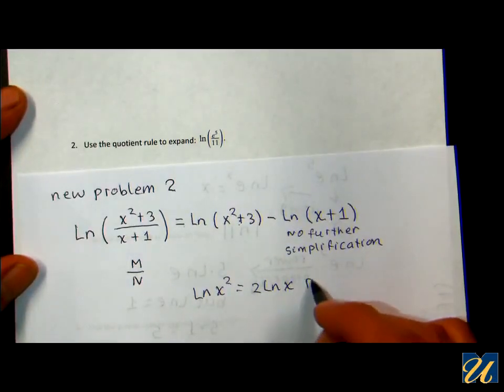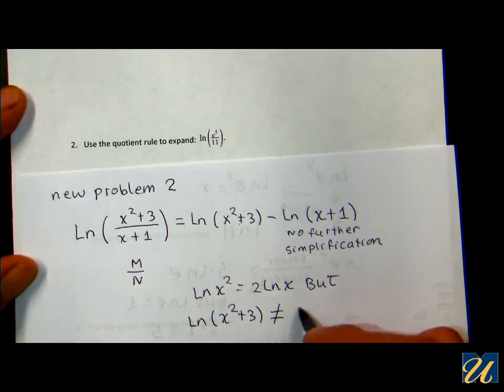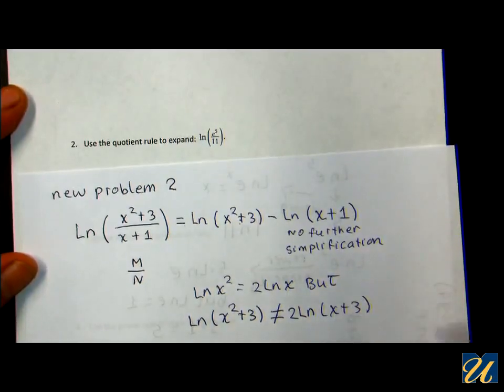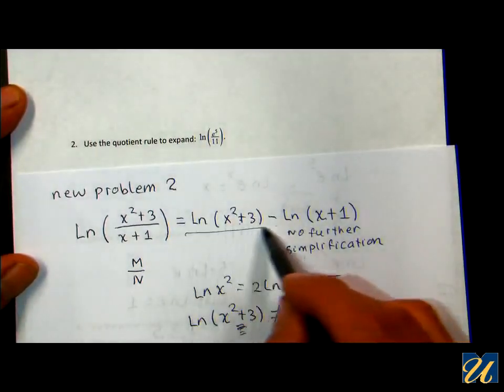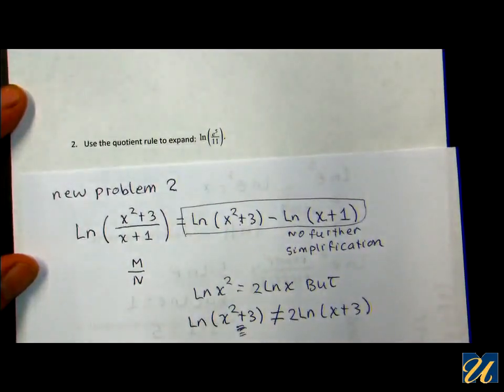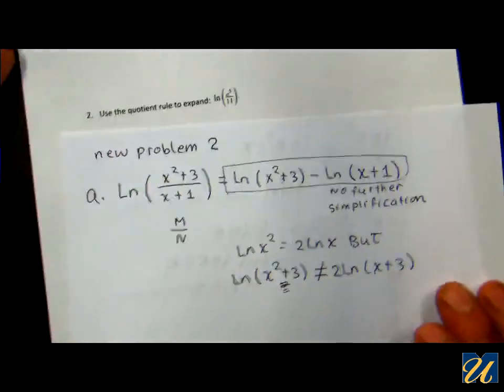Yes, but the logarithm of the sum x squared plus 3 is not twice the log of x plus 3. Cannot do that because we have a sum right here. So no further simplification can be done, and that is our final answer. And that's part of the point of bringing that problem in there. So this we'll call new problem 2a.